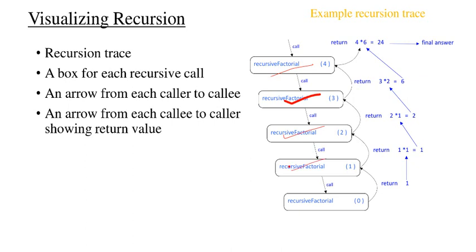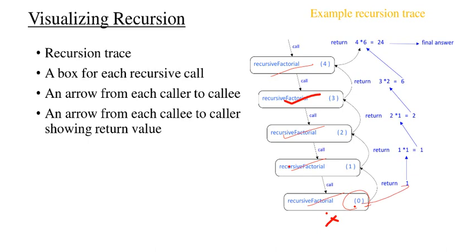Finally, I land at factorial of 0. But mind you, this is the end. There is no factorial of 0 minus 1. We end here, reducing the size of the problem to 0. That's why we call it the base case.